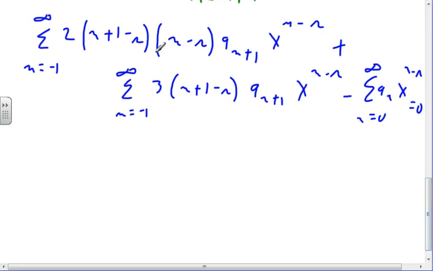Okay, well, I'm going to take the n equals minus 1 term out of them, and then put everything in a summation sign that's n equals 0 to infinity. So that's the plan.